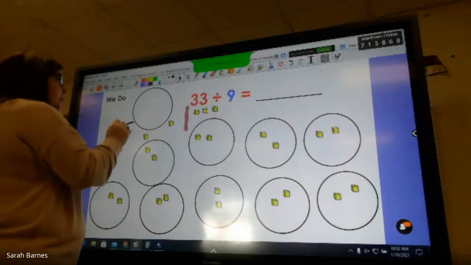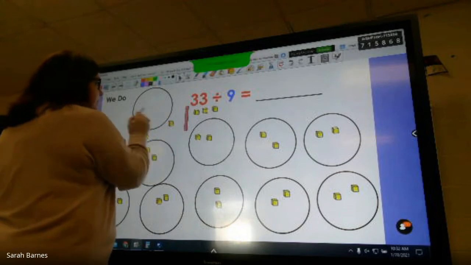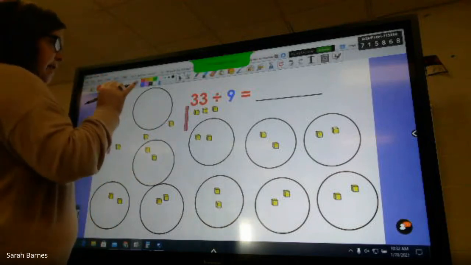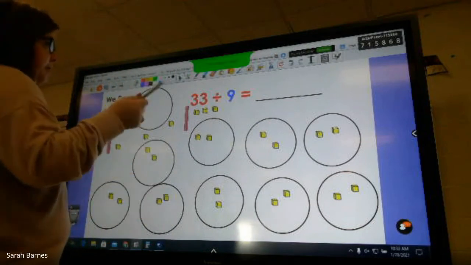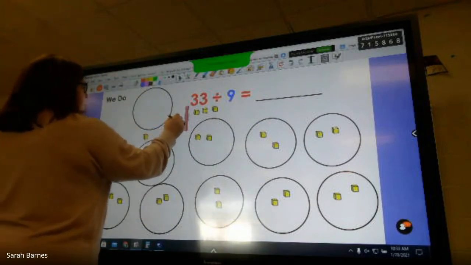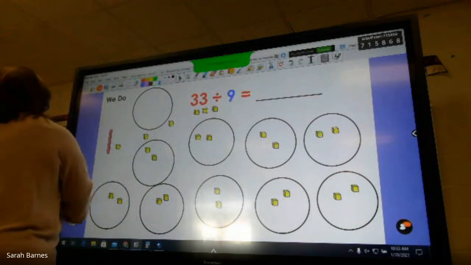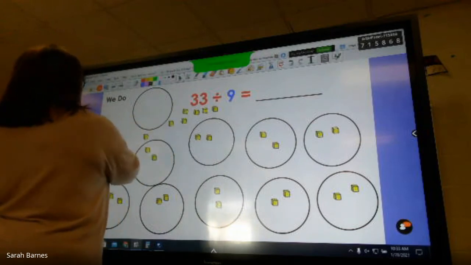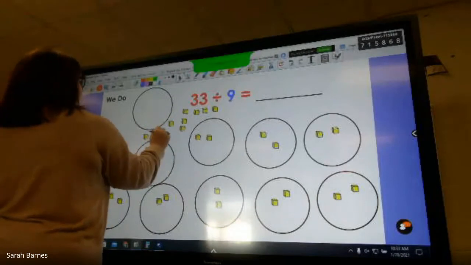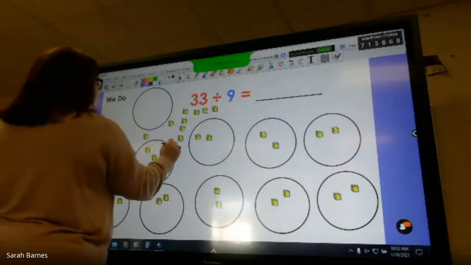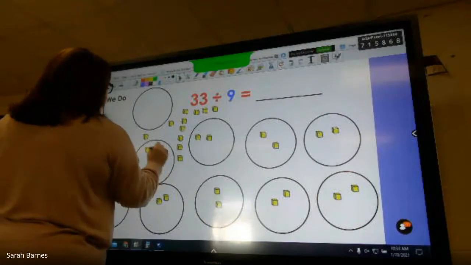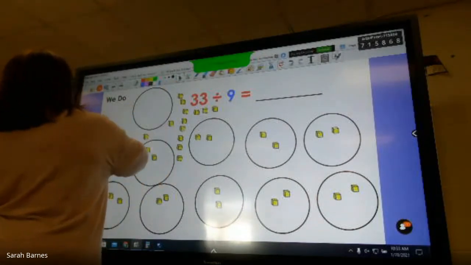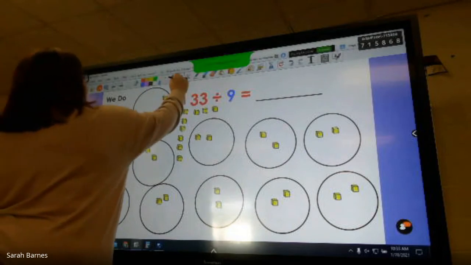Perfect. All right, so now we're going to cash the last 10 in because I have 9 and I can't just give one person that extra 1. So I'm going to cash it in. And I'm going to put 1, 2, 3, 4, 5, 6, 7, 8, 9, 10.